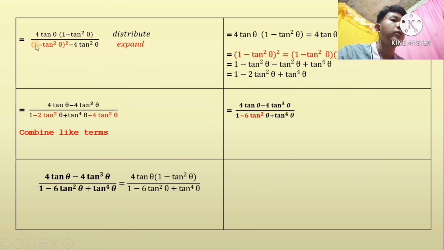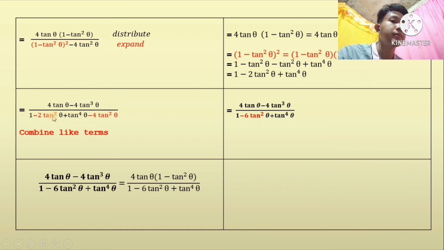So expand 1 minus tangent squared theta squared. If we expand this, it will become 1 minus 2 tangent squared theta plus tangent raised to 4 theta. So copy. Our equation will be 4 tangent theta minus 4 tangent cubed theta over 1 minus 2 tangent squared theta plus tangent raised to 4 theta minus 4 tangent squared theta.